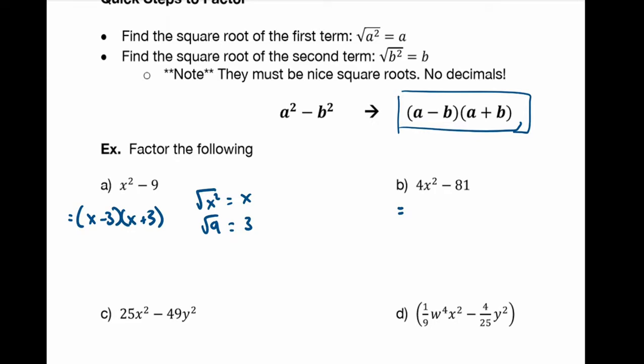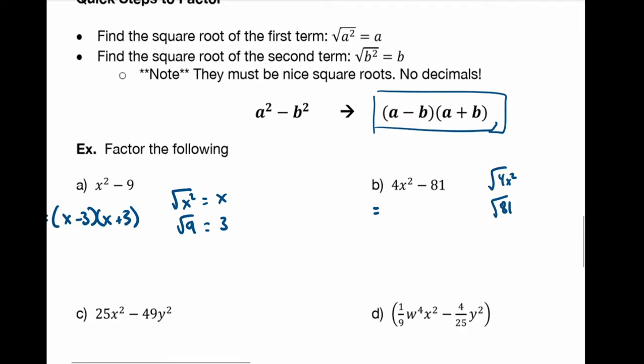So if I look at the next one, let's see if I get perfect squares. Square root of 4x squared, square root of 81. You don't have to worry about the sign because remember our difference of squares states that it will be minus in the middle anyways. You just have to make sure you can take the square root of the number. So 4x squared, square root that, I get 2x.